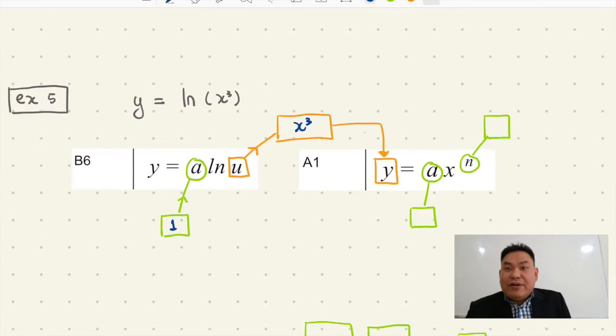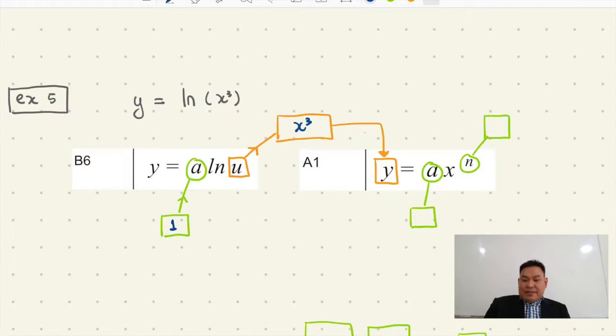We need to use formula A1. Formula B6 is not enough. We must use formula A1 also. The reason? Very simple. Because later you must differentiate x cubed. So whatever expression u is, you must find the differentiation of that, and the best formula to use is formula A1.